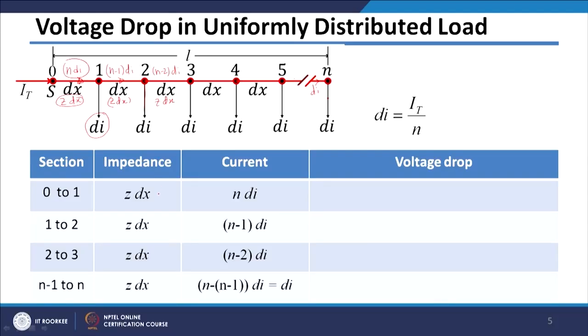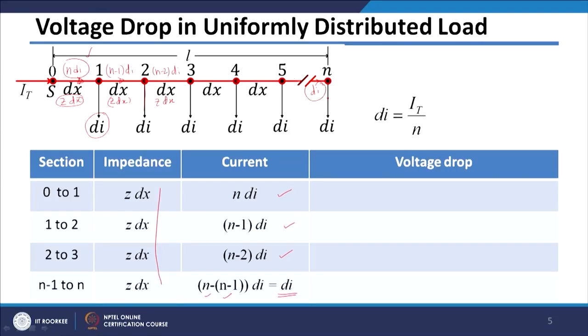The current flowing in the first section, as we have seen, is N Di, in the second section it is N minus 1 Di, in the third section it is N minus 2 Di. Like this, in the last section it is just Di.